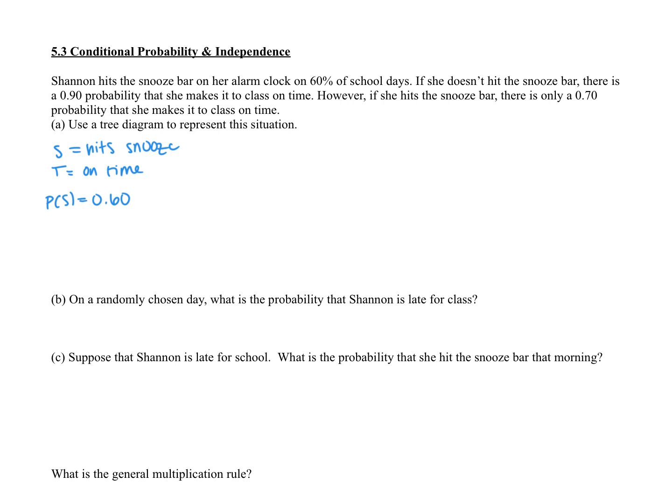If she doesn't hit snooze, that's a conditional probability, given she doesn't hit snooze, so that's S complement, not S. There's a 0.9 probability she makes it to class on time, so T given S complement is 0.9. If she hits snooze, the probability she makes it to class on time is 0.7, so T given S is 0.7.